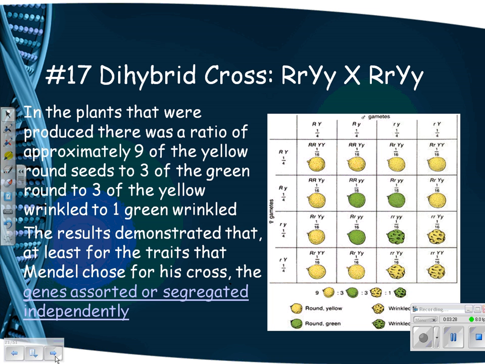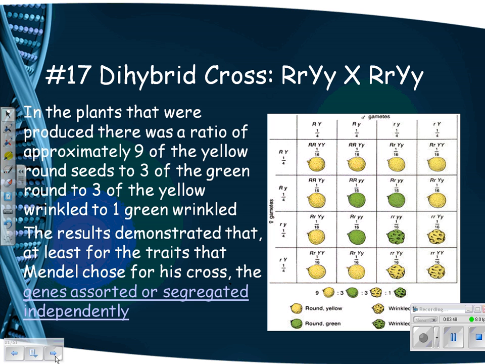So the result demonstrated that at least for the traits that Mendel chose for his cross, the genes assorted or segregated independently. So your question is, for number 17, what is independent assortment?